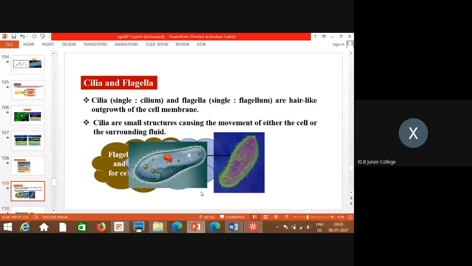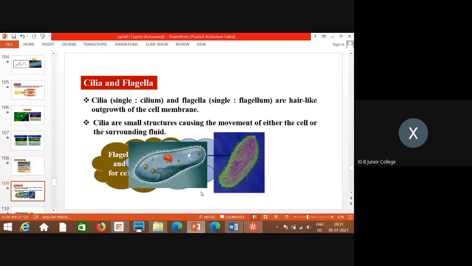Now the next important organelles are cilia and flagella. Cilium is singular, like that flagellum also singular. Cilia and flagella are hair-like outgrowths of the cell membrane. Cilia are small structures causing the movement of either the cell or the surrounding fluid.